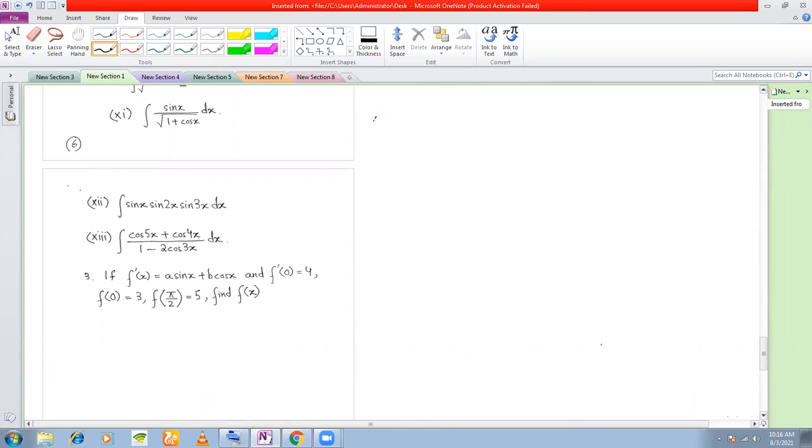Number 13. The given integral here is cos 5x plus cos 4x divided by 1 minus 2 cos 3x. See, you have a sum of cos in the numerator. You will be tempted to change this to a product.